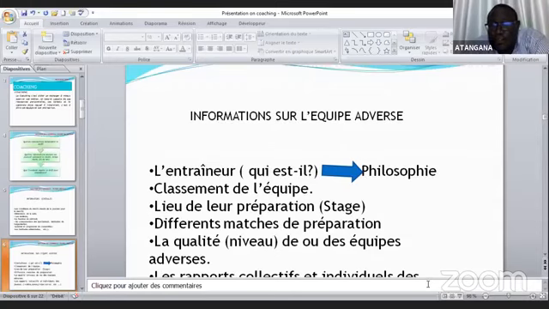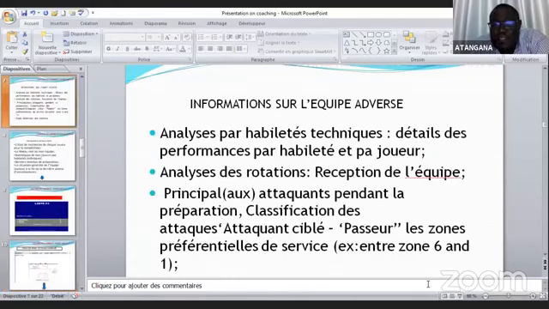Also important are the ranking of the team, the place where they prepared, the results of their games, the level of the teams, and which skills they are performing. Which are the main players? Do they use young or old players? So you can better prepare your team.